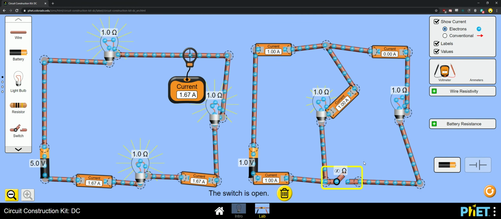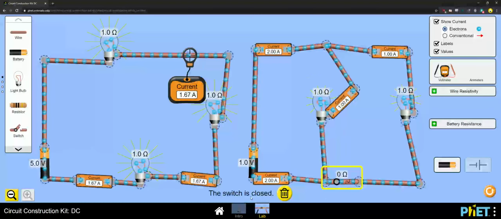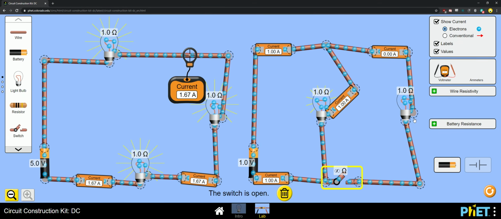If I open the switch, the current on the right-hand side stops, and no more electric current can flow through this light bulb. If I close the switch, electric current can flow through. Open it, electric current cannot flow through here. Close it, electric current can flow through there now.